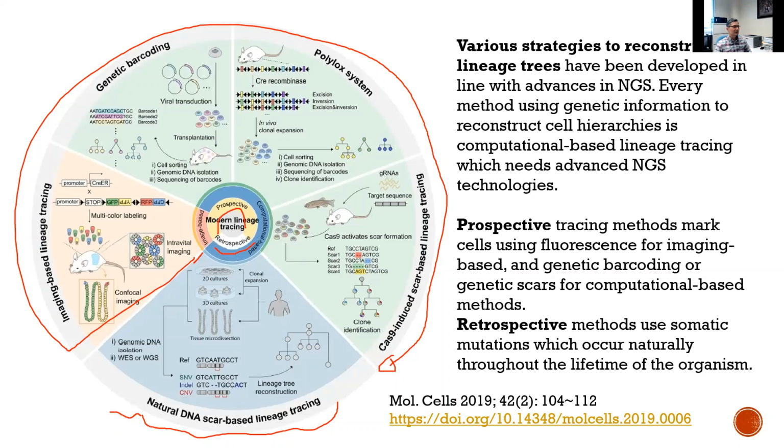So this is a retrospective method. And then in the prospective method, you can have image-based, genetic marker-based, and other systems like gene editing based. So this is an overview of the different strategies to reconstruct cell lineage trees. So that's the purpose of this tracing system.